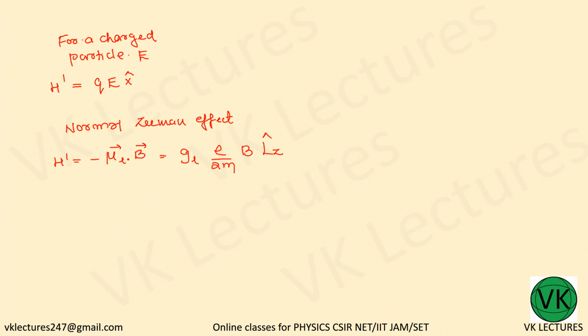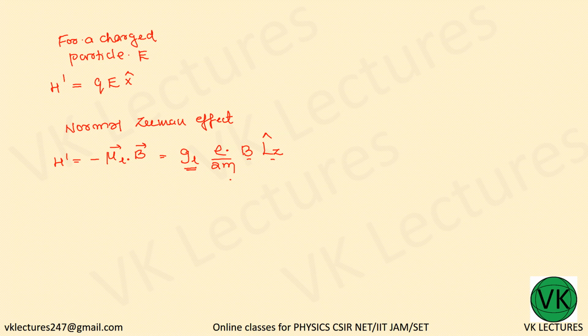GL is a constant corresponding to the orbital angular momentum. e is the electric charge, m is the mass, B is the magnetic field, and Lz is the angular momentum corresponding to the z axis.